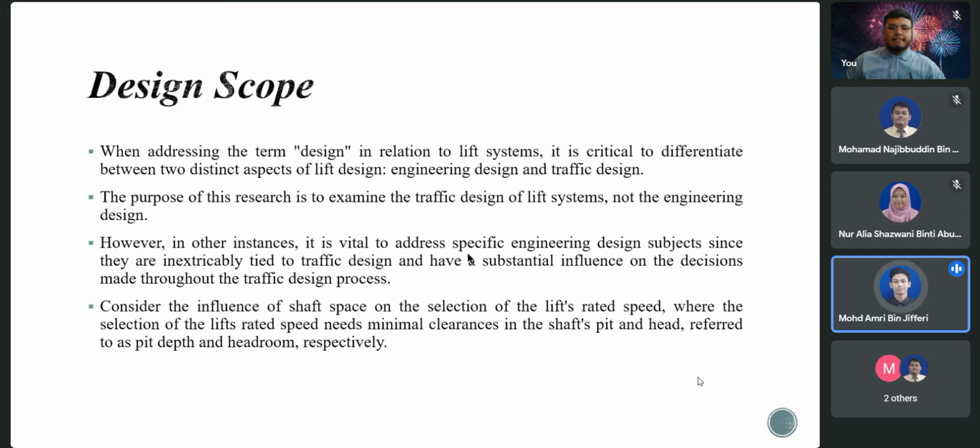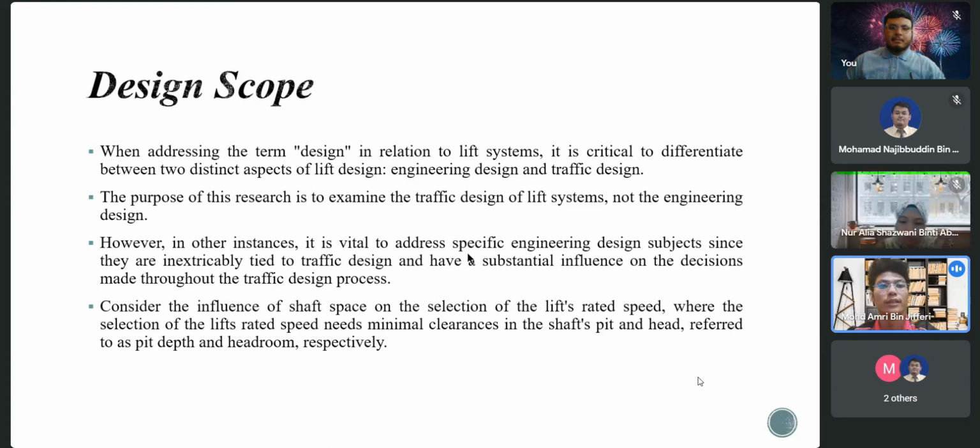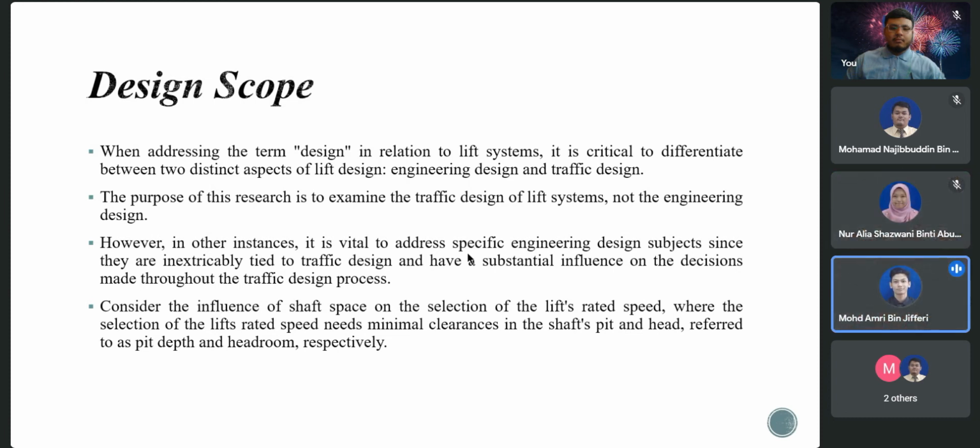Okay, for the design scope, when addressing the term design in relation to lift systems, it is critical to differentiate between two distinct aspects of lift design: engineering design and traffic design. The purpose of the research is to examine the traffic design of the lift system, not the engineering design.